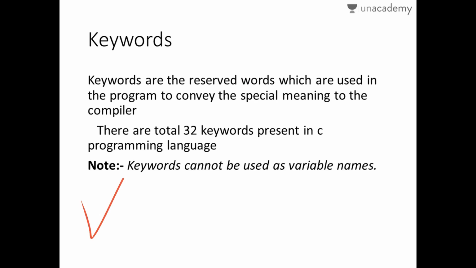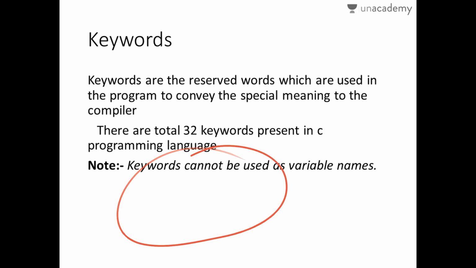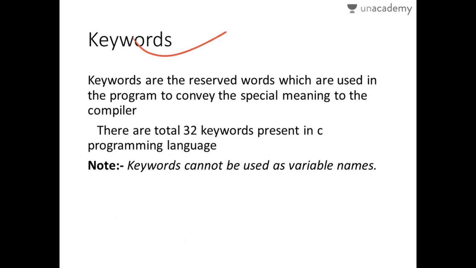The variable name can be any word, but the variable cannot be a keyword. I can take a variable name like RAD for radius. RAD should not be any keyword. If it is a keyword, we cannot take RAD.